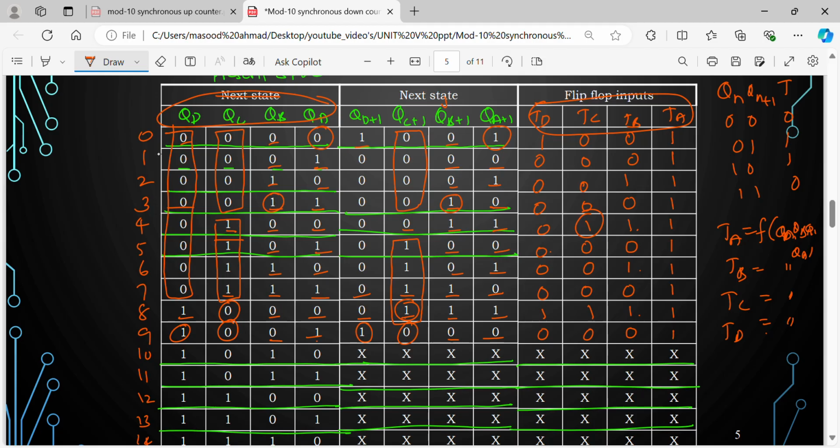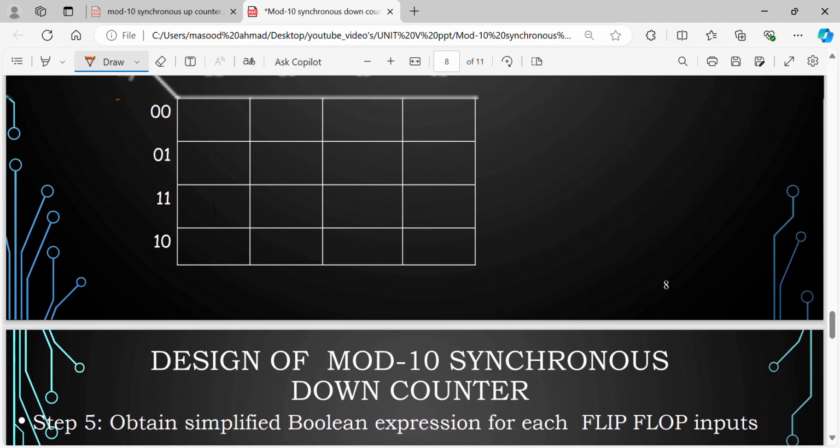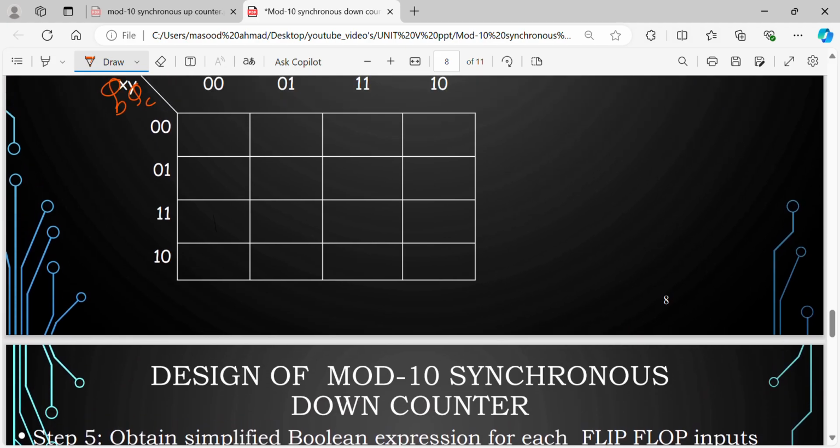The rest are don't cares. So I can combine these two and I can combine these two. So the expression for TC turns out to be QA bar, QB bar, QA bar, QB bar.